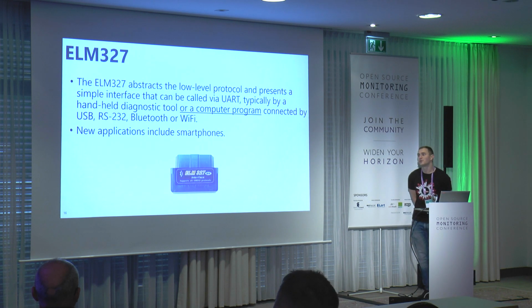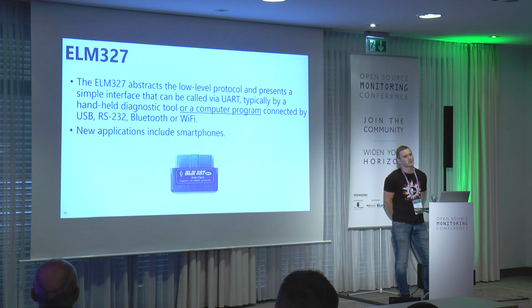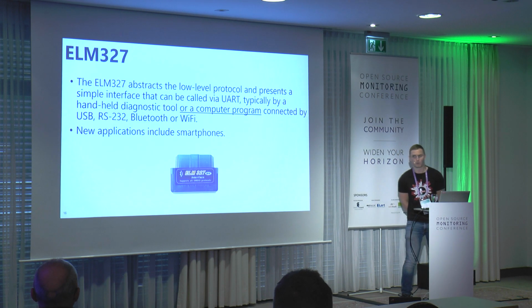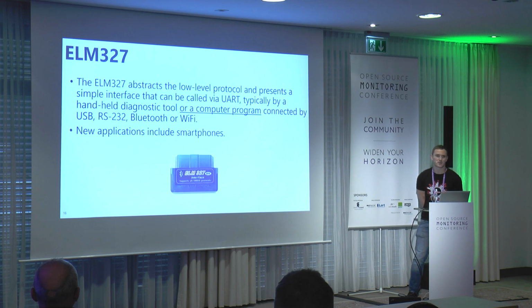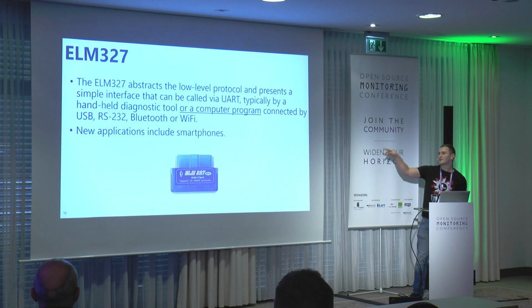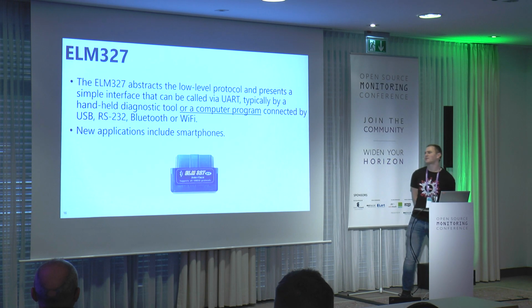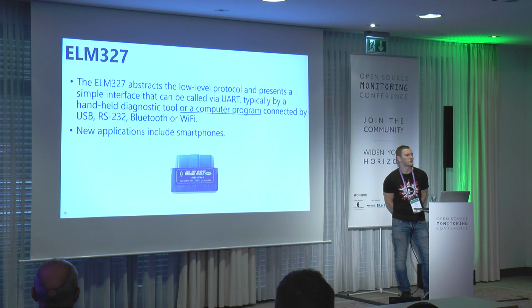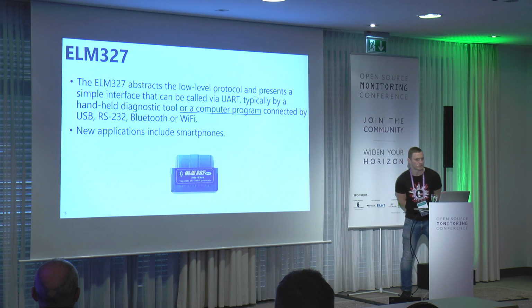Maybe some of you already have this, and there are quite a lot of these adapters and modules that you can buy. The most common places are, I don't know, Amazon, eBay. I've used exactly this one in my test, and it costs around $3 or $5. So it's absolutely nothing.